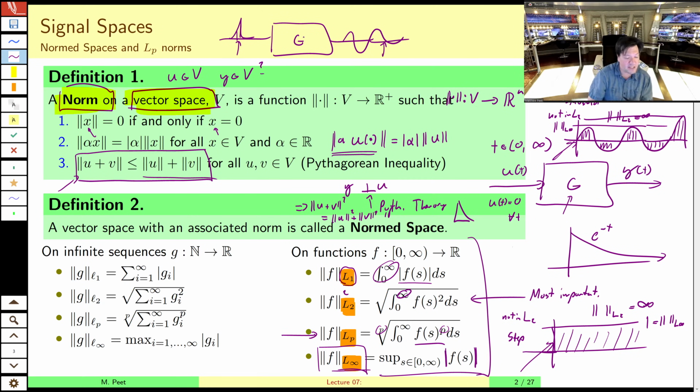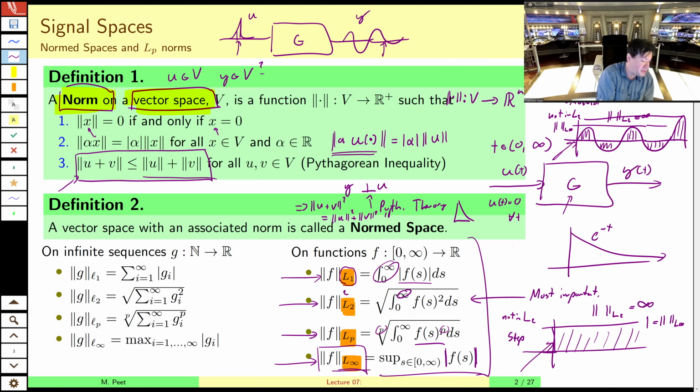That distinction is very important. These norms are all notions of energy, how much energy is contained in a signal. What's the gain from the energy of the input to the energy of the output? It turns out that's what we're going to be optimizing for the most part in optimal control.